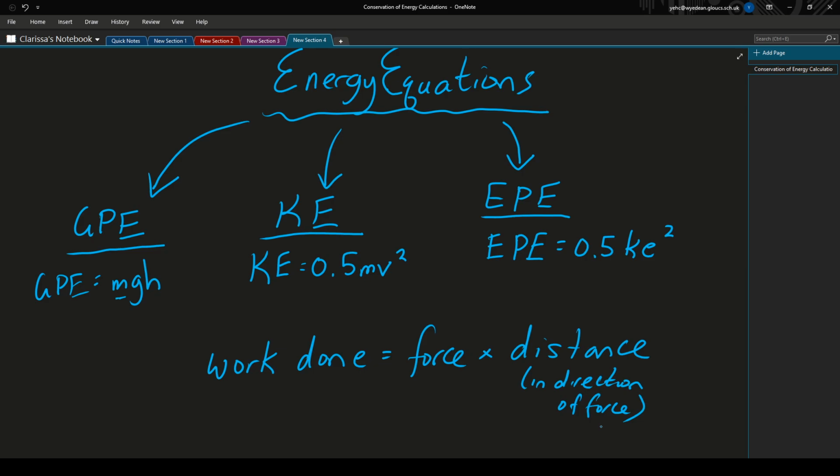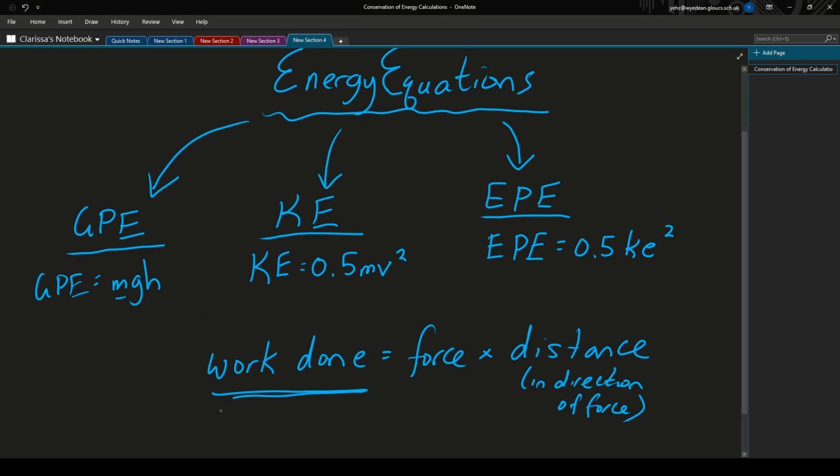The reason why I put this equation separate from the others is because I don't want you guys to get confused and think that work done is somehow different from gravitational potential energy, kinetic energy, or elastic potential. Because remember, it's not.